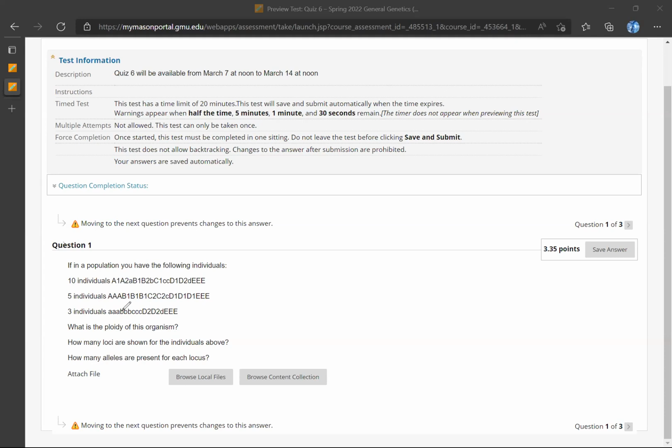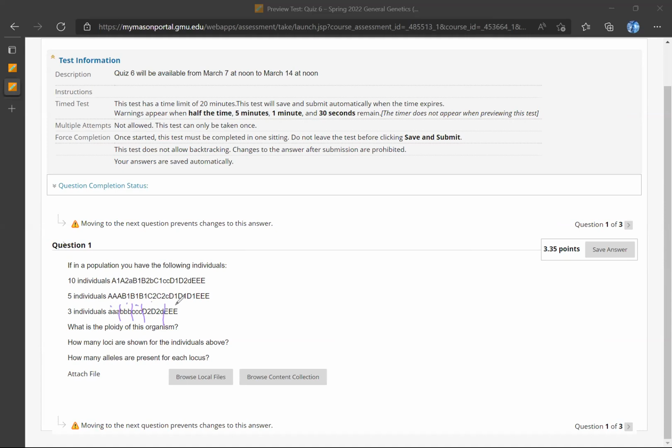does anybody want to take a stab at finding how many loci are shown? Yes, so Ori is correct. Loci is found with a number of different genes, and then Joseph said that the loci is just how many different letters, and that's correct. So for all of these individuals, we have 5 different genes or 5 different letters.